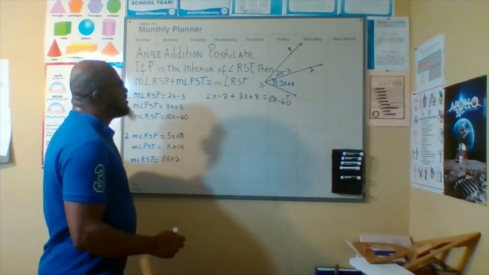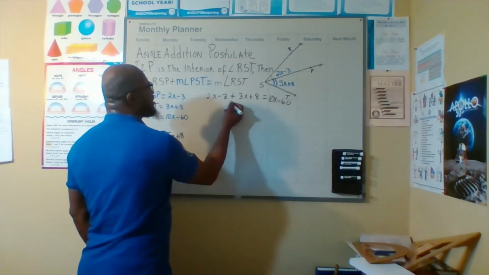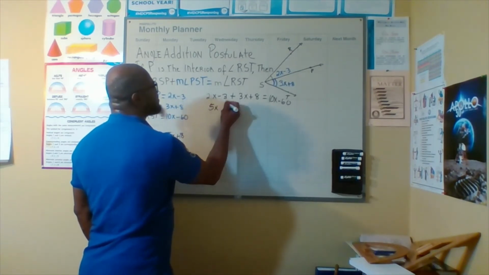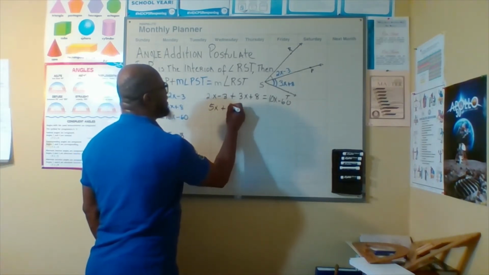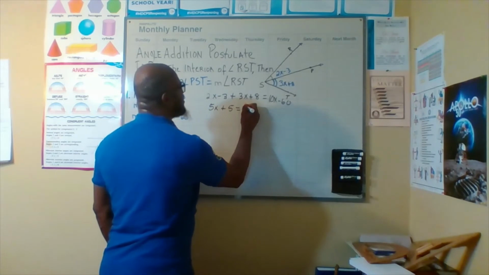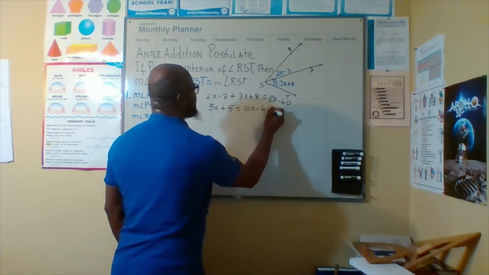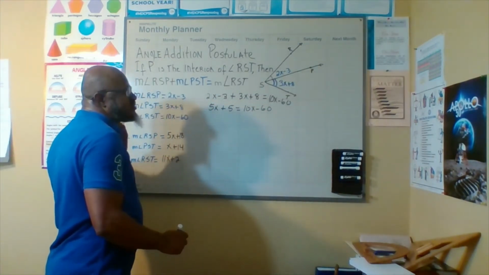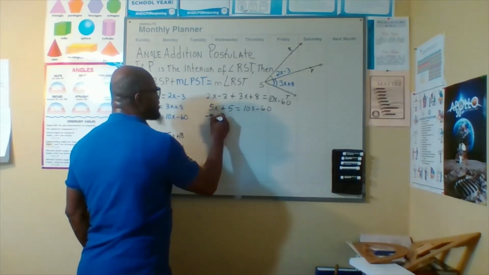In this case, you will end up with 5x plus 5 is equal to 10x minus 60. Now we have to solve for x. Since we have x on both sides, we subtract the lesser variable, 5x, on each side.